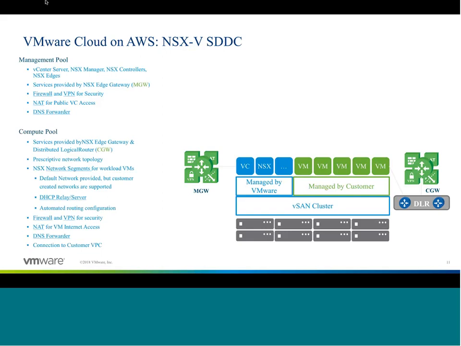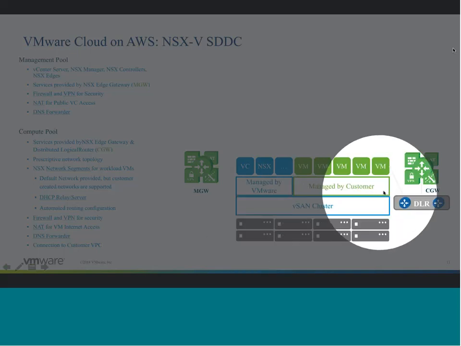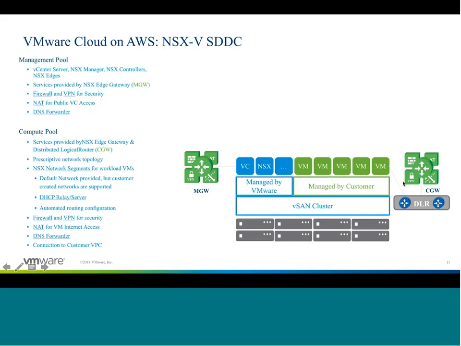There's also a compute pool, and this is where the CGW and distributed logical router are deployed. And here we have a very prescriptive network topology, as you can see. There's one MGW, one CGW, one DLR. When networks are deployed, they're automatically connected to the CGW. DLR is the gateway, right?